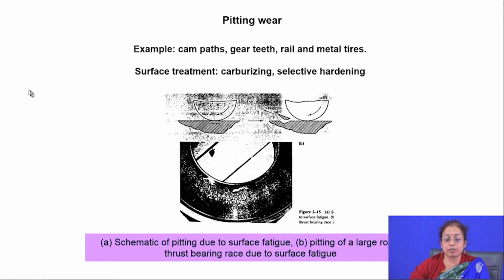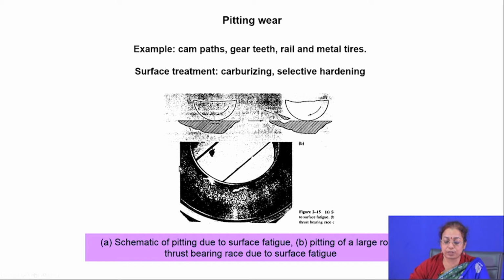In case of pitting wear, the name comes from the look of the surface after the wear has occurred. After pitting wear the surface looks like a small pitted zone.